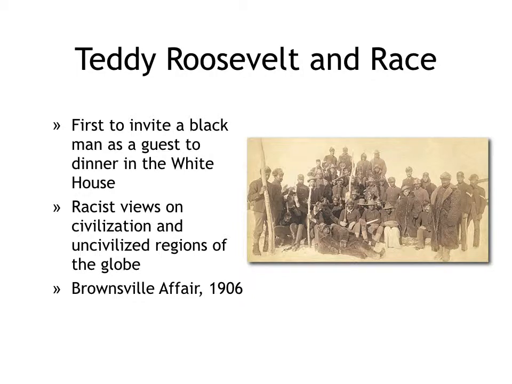Roosevelt himself tended to divide the world between what he called civilized nations, which tended to include Western Europe and the United States, but also Japan, and the rest of the world he called chaos. And he believed it was the obligation of the civilized world to lead chaos into order, into civilization. So Roosevelt, in many ways, is a rather problematic individual for African American voters to support.